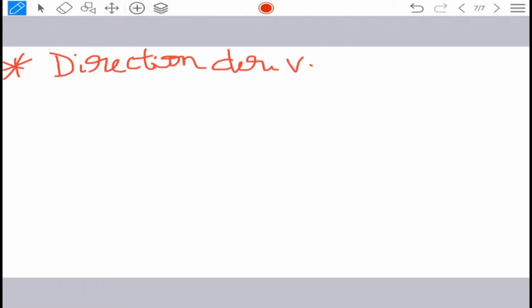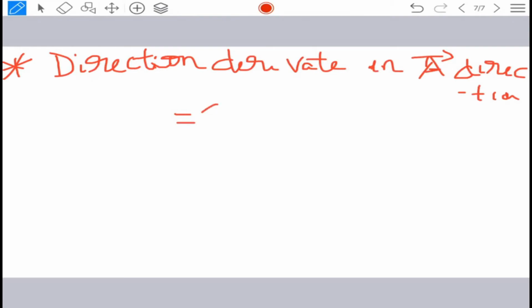The next one: how to find the directional derivative in a direction a. The formula is gradient f dot a cap.